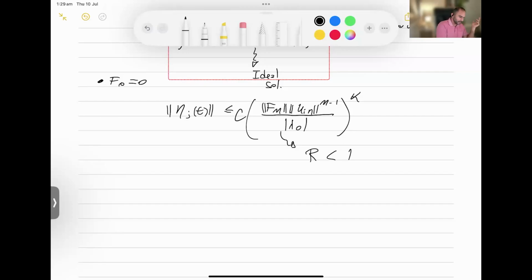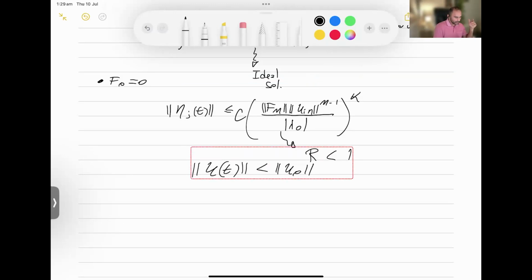The dissipation means that you can guarantee that, starting from the initial condition, the solution decreases as time goes on. This is also another condition that guarantees that you have a stable solution for the Carlemanization.